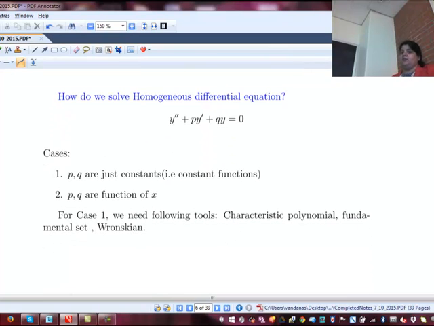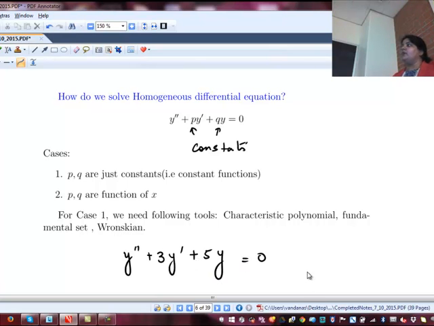Okay, so let's start solving them. p and q, I am assuming now, I have considered a simpler problem. They are constants. And the next case will be when they are functions of x. In order to solve this differential equation, from your first written homework, you remember that if I gave you a function where p and q are constants, say 3y prime plus 5y equals 0, what else was there in the problem in written homework 1?